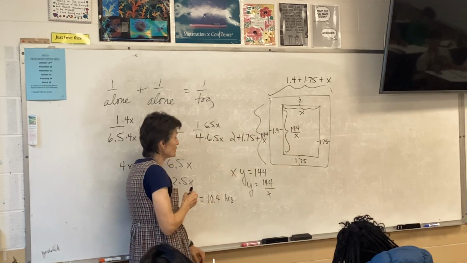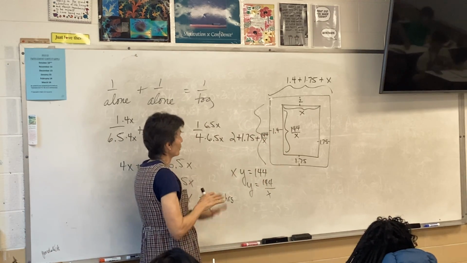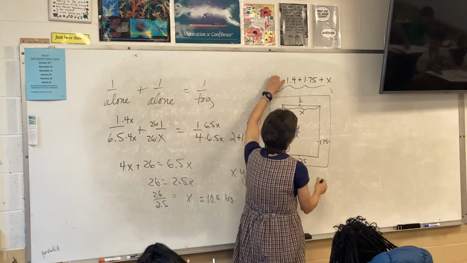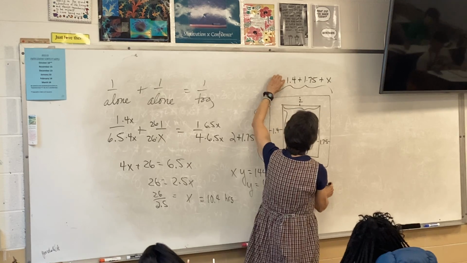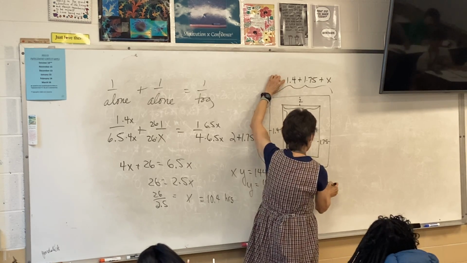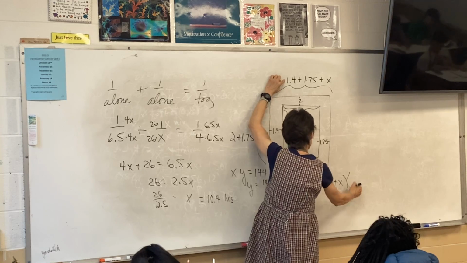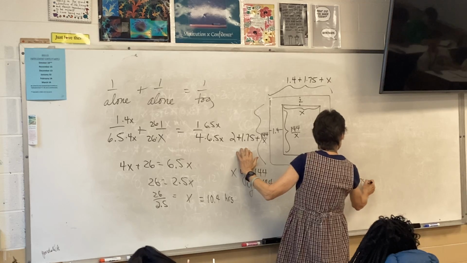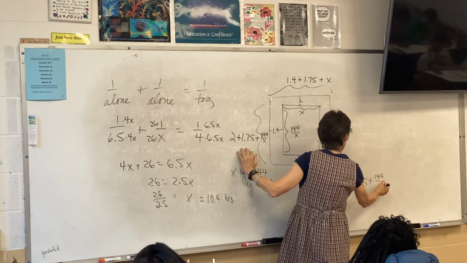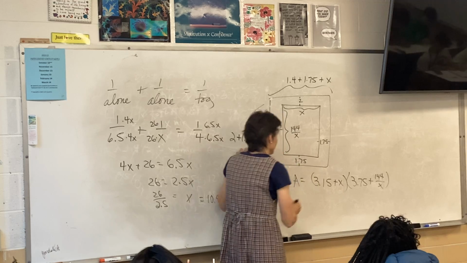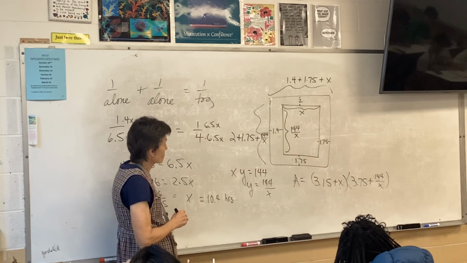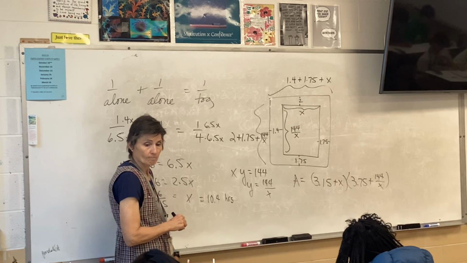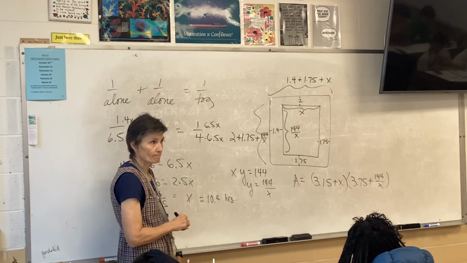So the dimensions of your poster board are 3.15 plus X, and 3.75 plus 144 over X. You okay with that?